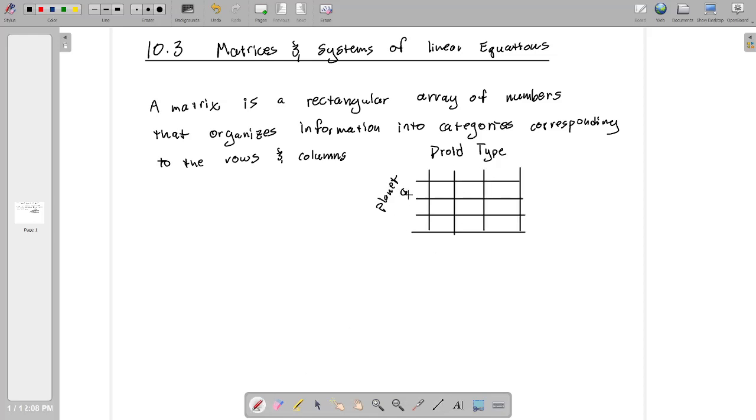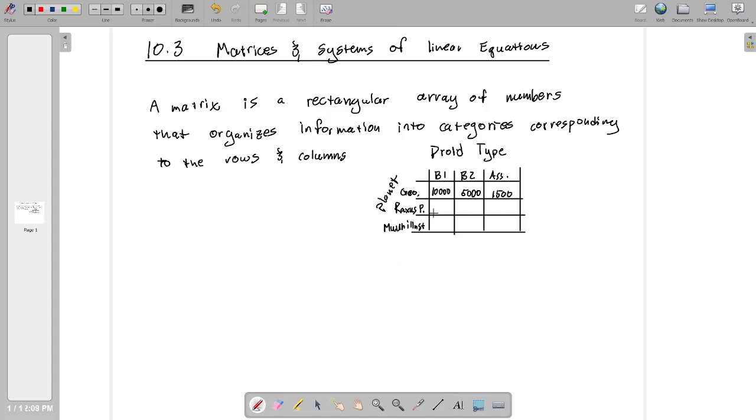So maybe we have Geonosis as a planet, Raxus Prime, and Utapau. And the droid types that we have might be B1, B2, and Assassin Droid. On Geonosis, we have 10,000 B1 battle droids, 5,000 B2 battle droids, and a mere 1,500 assassin droids.